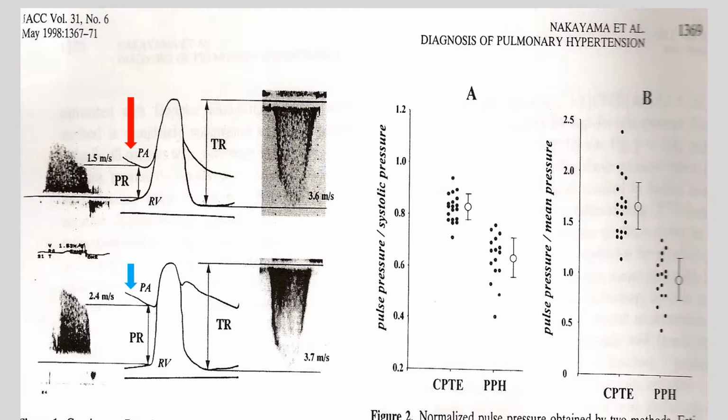chronic thromboembolic pulmonary hypertension. And 1 year later, Nakayama did a follow-up study using the echocardiogram with Doppler data to tell the different diseases. This one is the chronic thromboembolic pulmonary hypertension, and you see that the estimation of the systolic pressure by echocardiography is in the realm of 50 millimeters of mercury: 3.6 squared multiplied by 4. And the end diastolic pressure is very small: 1.5 squared is 2.25, multiplied by 4 gives you 9.